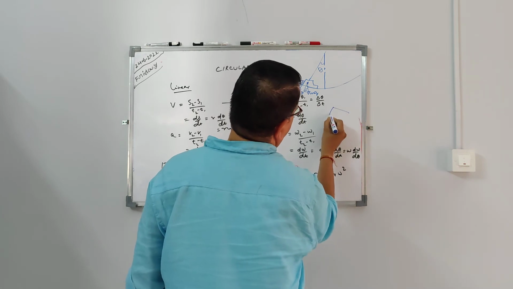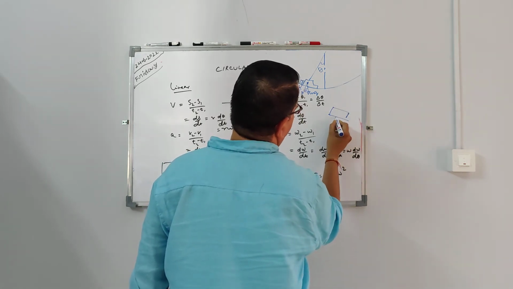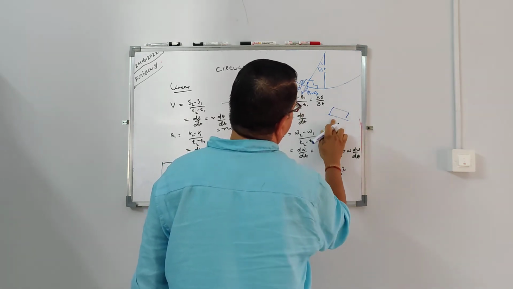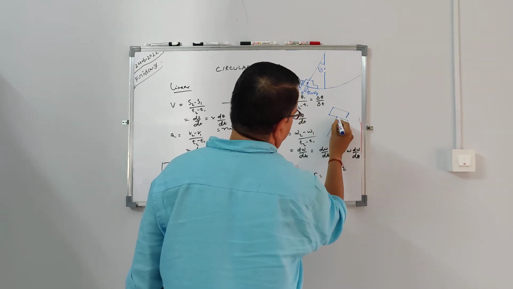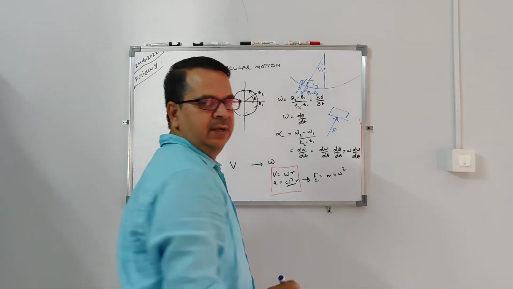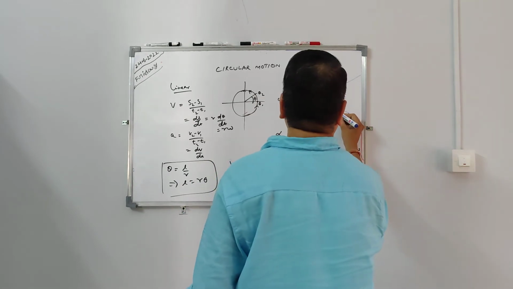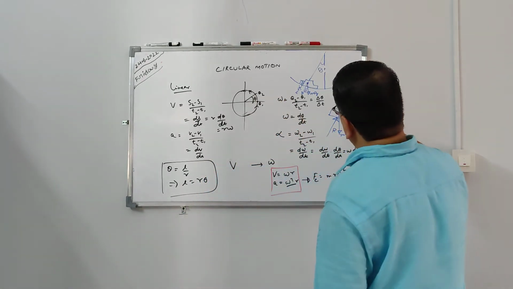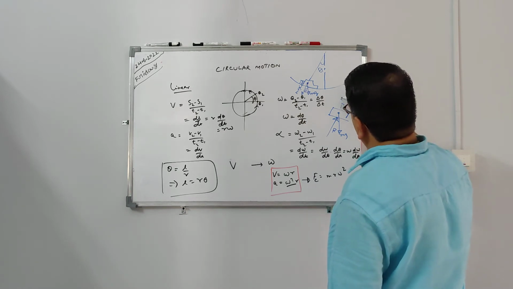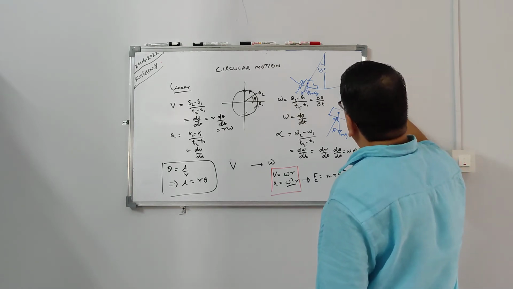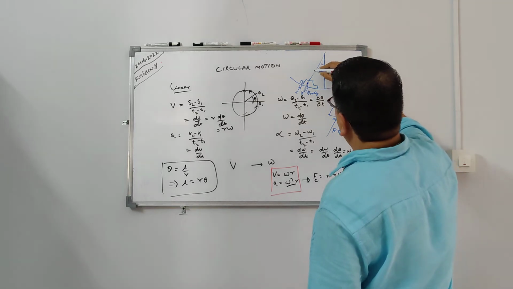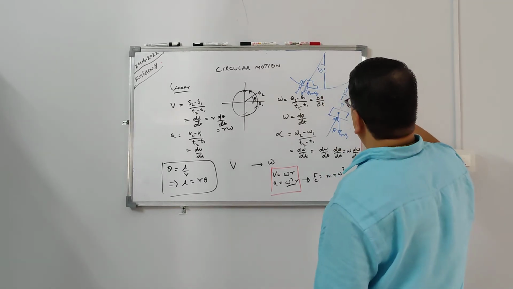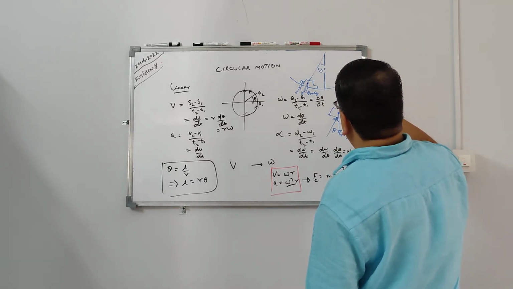So this is your car. On this car, what will be the reaction, that we want to find out. You have the mass, so mg, and because of this component it will be mg cos theta, that we have got, plus the centrifugal force acting on it, that is mr omega square.